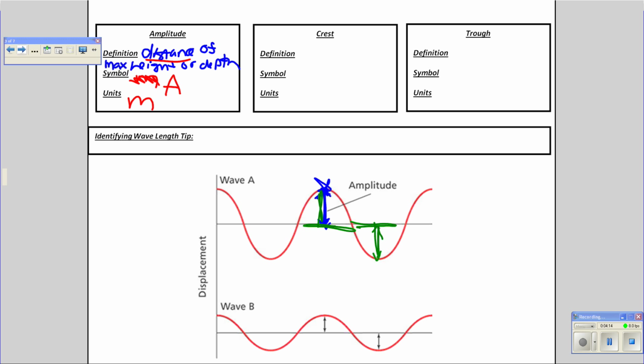Alright, now if we go over and look at the crest and the trough, you can actually knock out the symbol and the units. Alright, we don't need those. The crest is the part of the wave with the greatest magnitude.